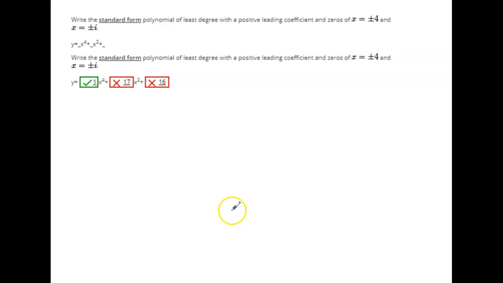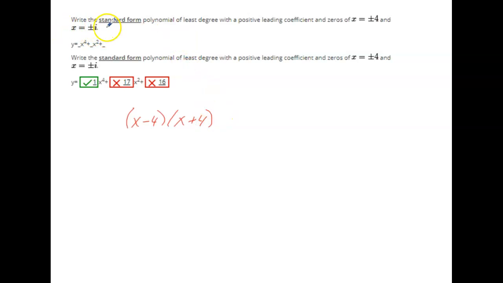So then in the next example, we wanted to write the polynomial in standard form, least degree, positive leading coefficient. The zeros are plus or minus 4, so that's a factor of x minus 4 and a factor of x plus 4.